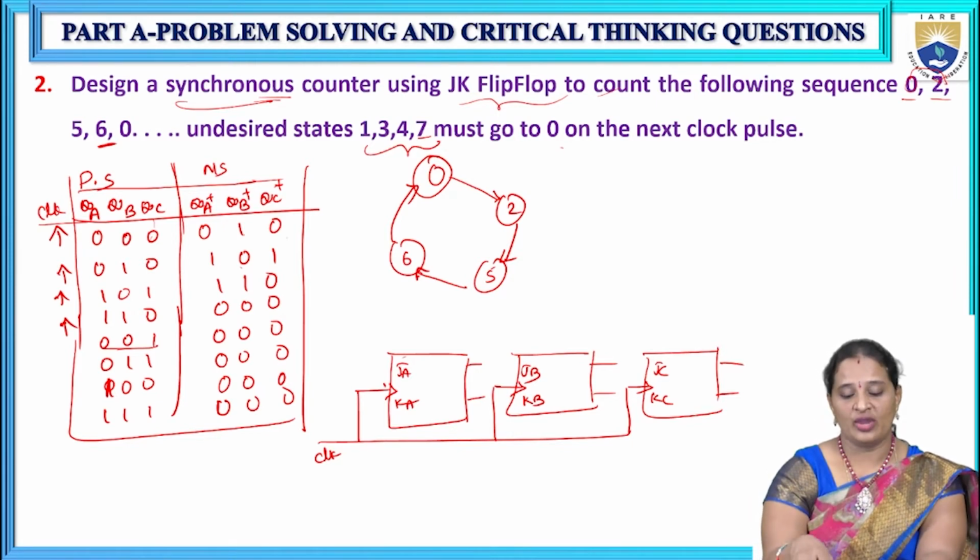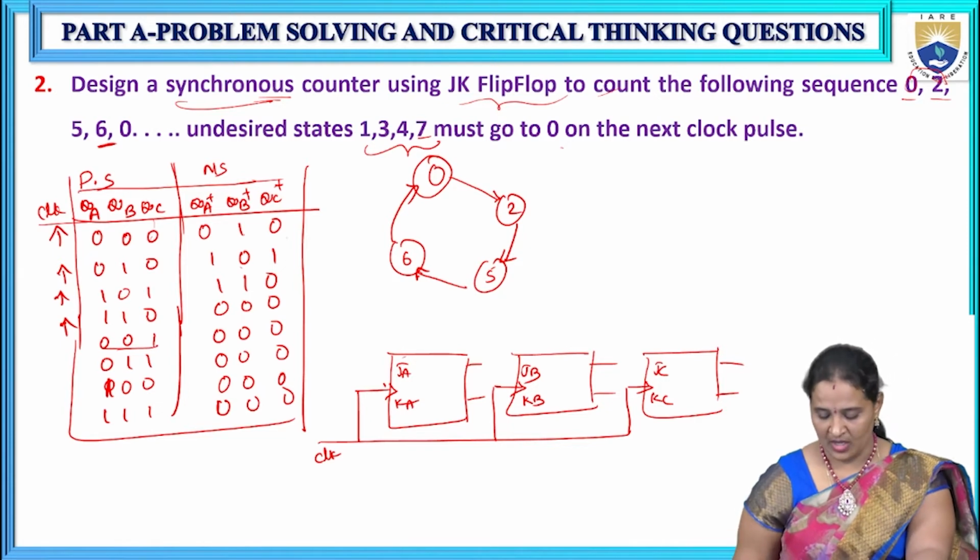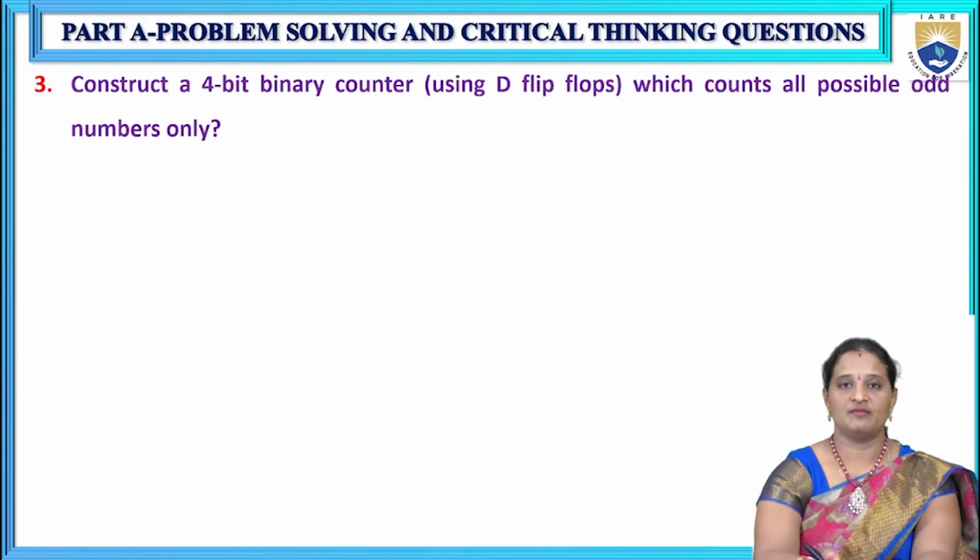Okay, so you can go through the problem video lecture, that is problems on synchronous counter, if you have any doubt about how to design a synchronous counter. I am just giving you the idea, so if you have any doubt, you can go through that video.